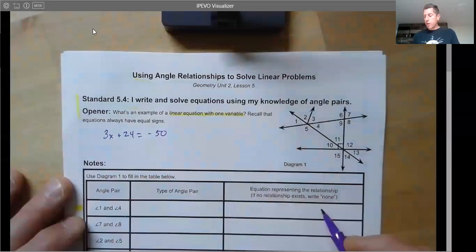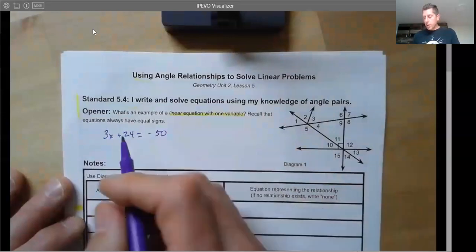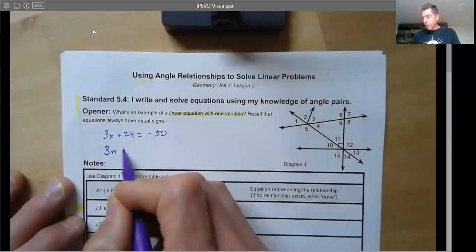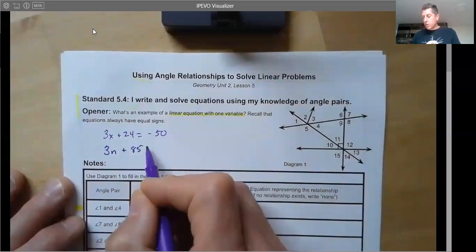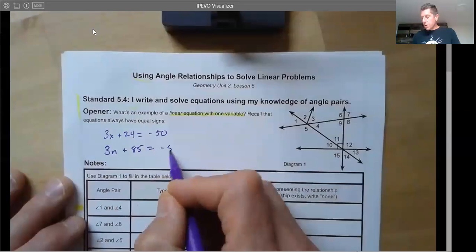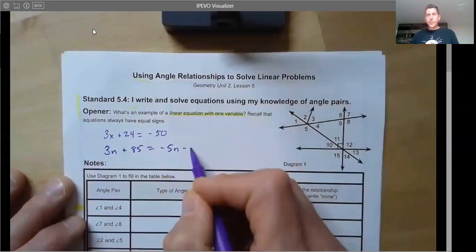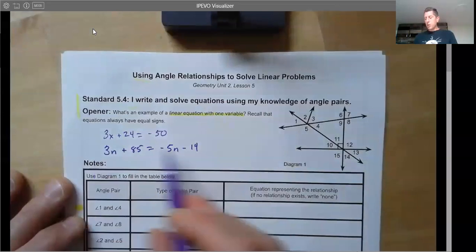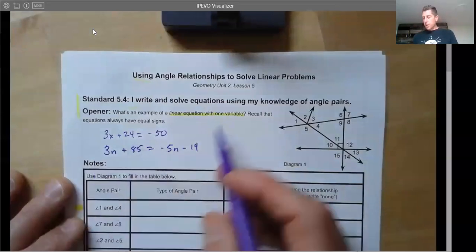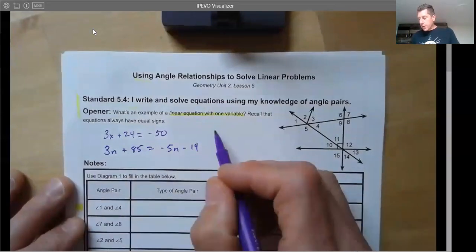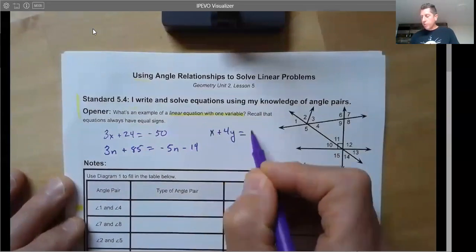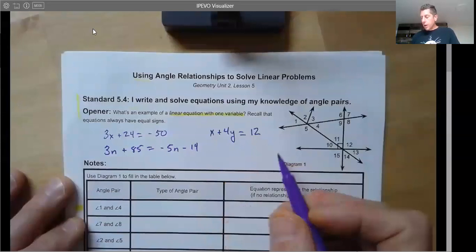We could also have variables on both sides where we do something like 3n plus 85 equals negative 5n minus 14. So one variable can be on both sides, or only on one. If I did something like this, where I had x plus 4y equals 12, this one would be incorrect.